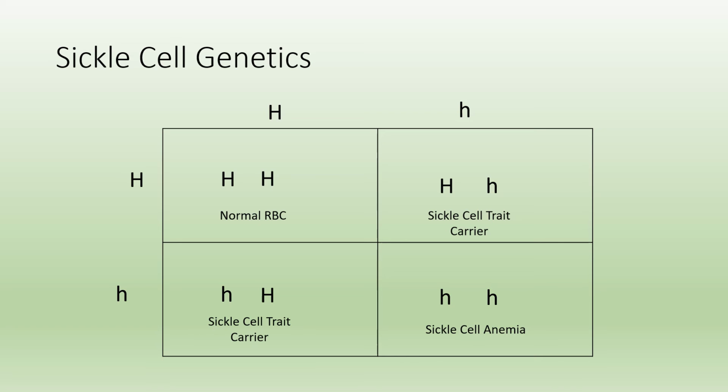Each parent has a 50% chance of giving their offspring the normal allele and a 50% chance of giving them the sickle cell allele.